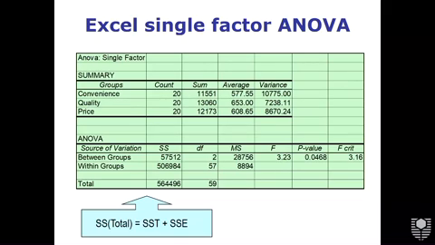But I want you to remember F. And I want you to remember MST and MSE, which is SST divided by K minus 1, SSE divided by N minus K. Even in degree of freedom, for example, in the final exam, you can use it with the business report, no problem.